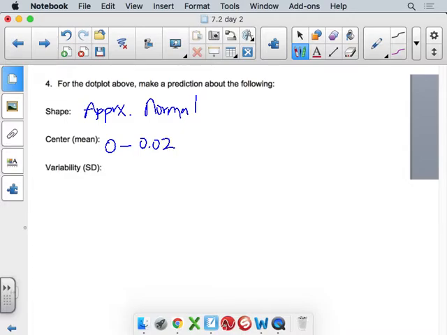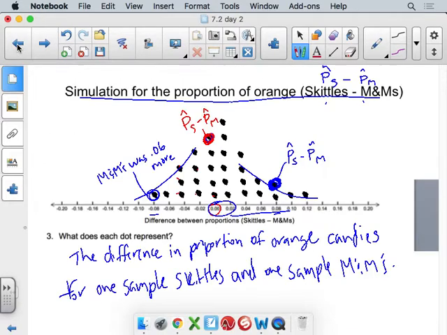And then what do you guess the standard deviation is? Once I get to 2 or 3 standard deviations out, I should be at the end of my normal distribution. So if I'm making a guess, if this is my mean, how far does 4 go either way?